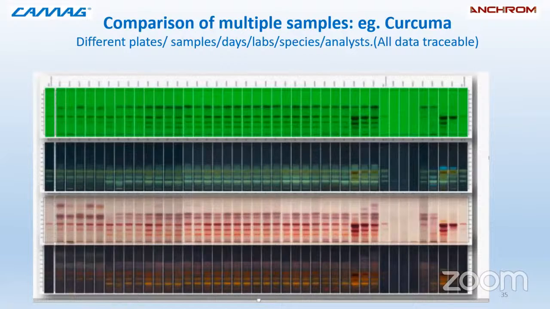Then we have one more option, that is the comparison viewer in the software. By using this option, suppose you are working on a curcuma sample, you have been working on it for the last 6 months and you want to compare the results of all the analysis files. Suppose you have used different mobile phases, or you have collected samples from different geographical locations and you want to select which mobile phase, or which sample from which geographical location, is best for your analysis.